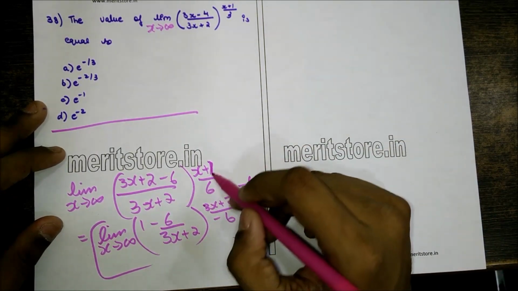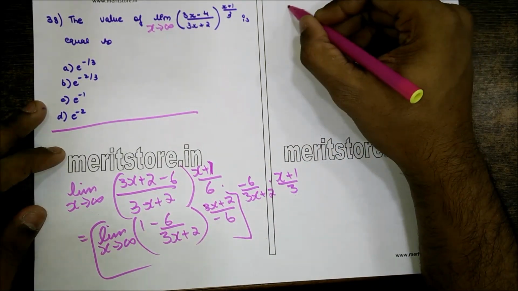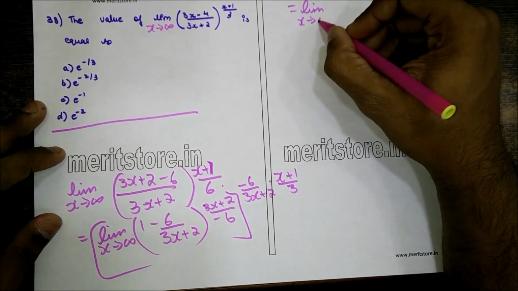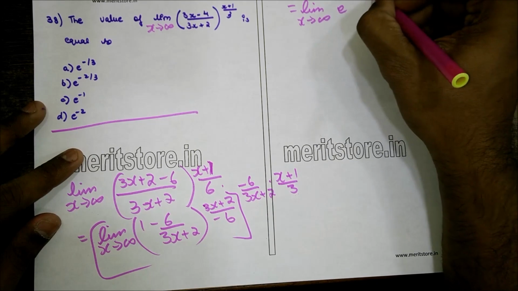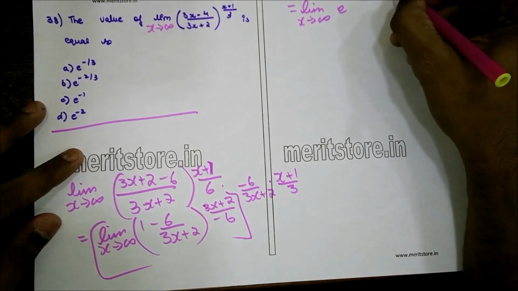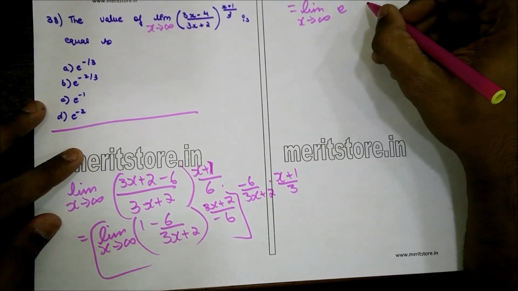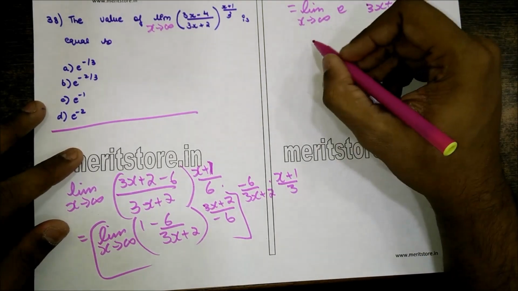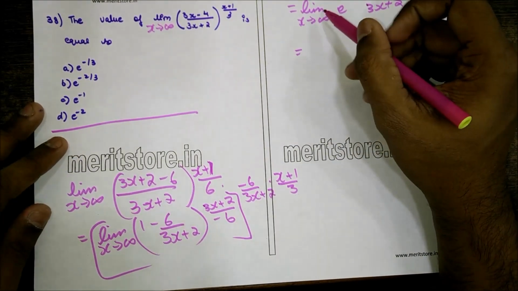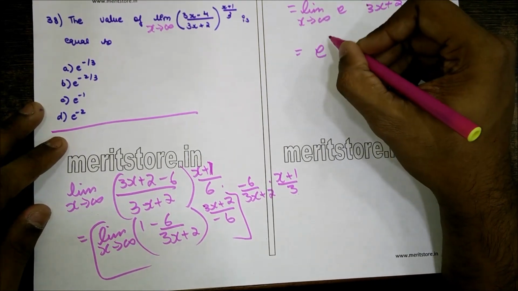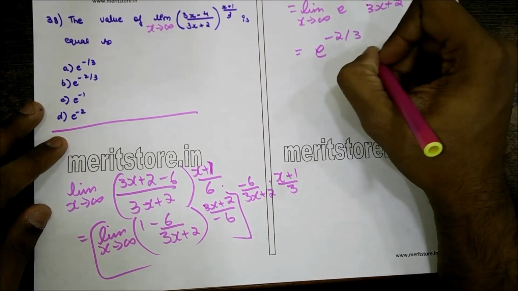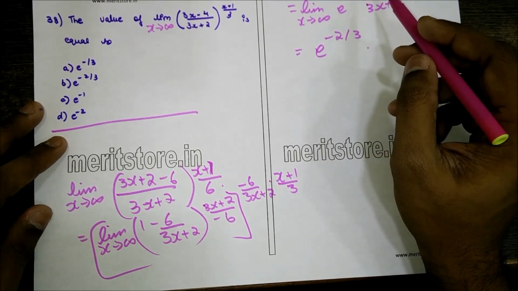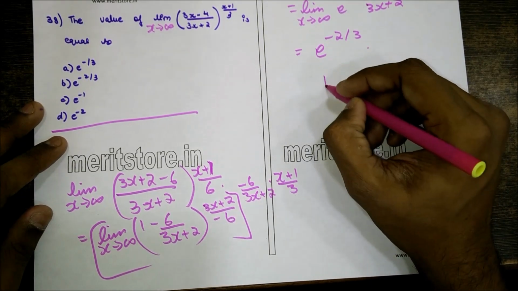That adjusts back to x plus 1 by 6, giving us limit of x tends to infinity e raised to minus 2 of (x plus 1) upon 3x plus 2. We can apply the limit of x tends to infinity, giving us e raised to minus 2 by 3, as this limit is equal to minus 2 by 3, which is option B.